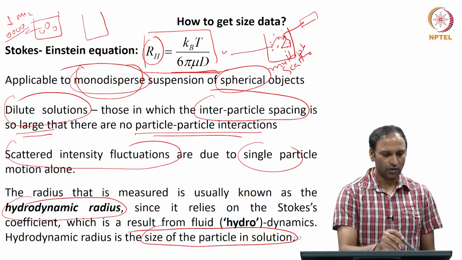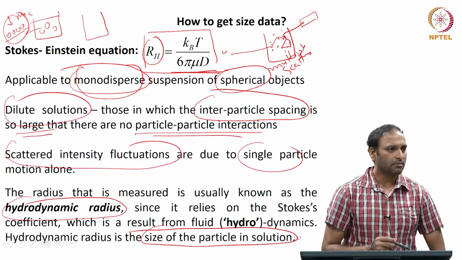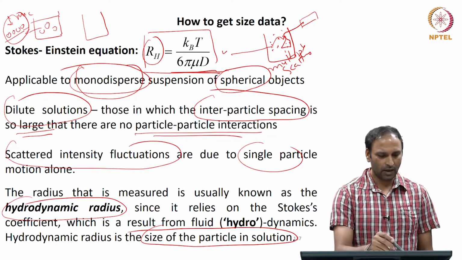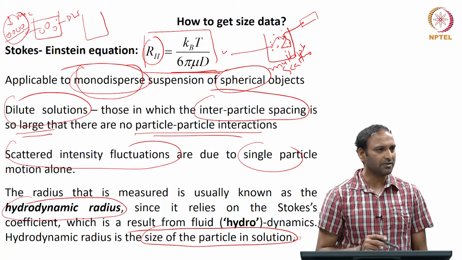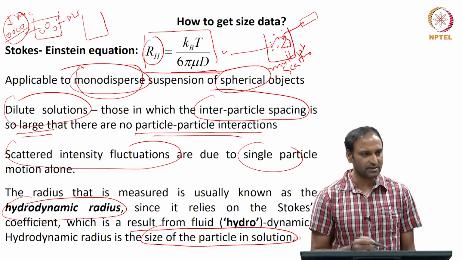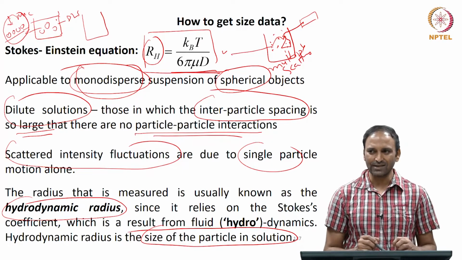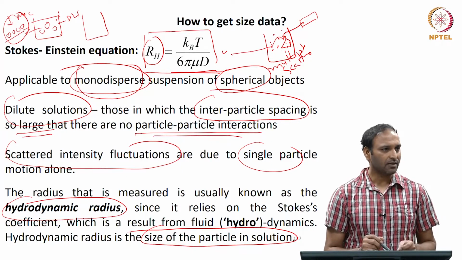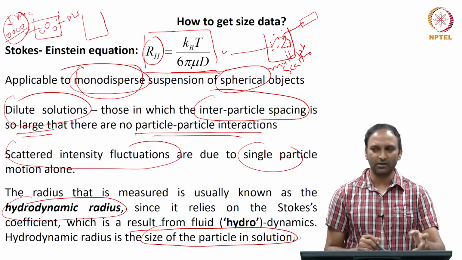In this case I get the size of the particles in the dry form, and in the second case if I do DLS measurements I get the size of the particles in solution. It turns out that the size you measure with DLS is always slightly larger than the size of the particle that you measure in the dry form.